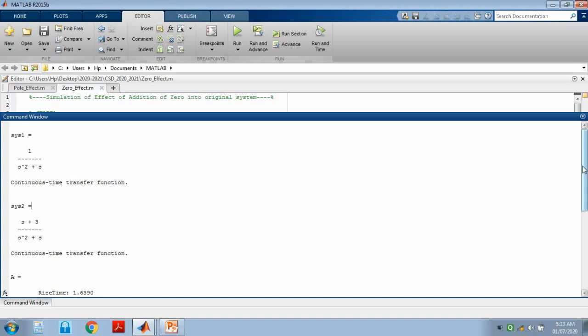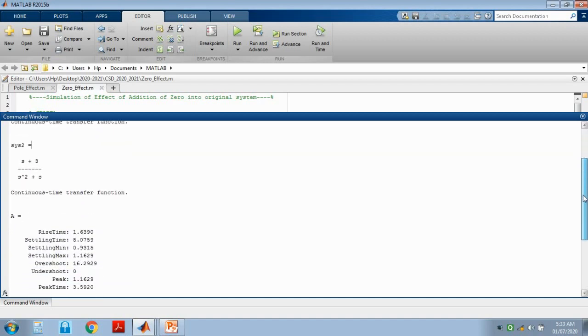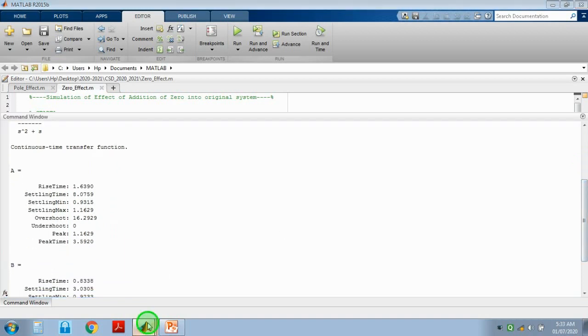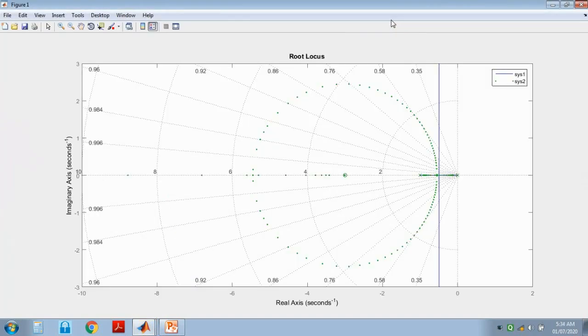These two systems, system 1 and system 2, are of second order. For these second order systems, figure 1 indicates the root locus plot for system 1 and system 2 plotted together.